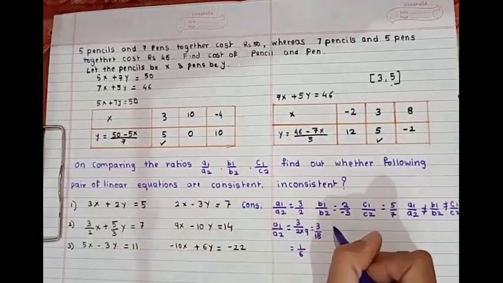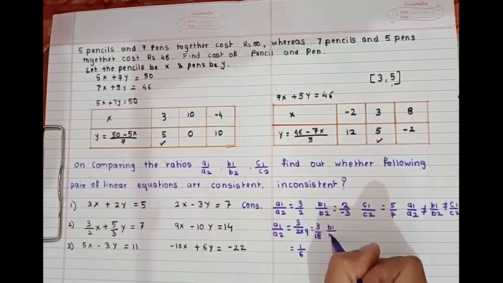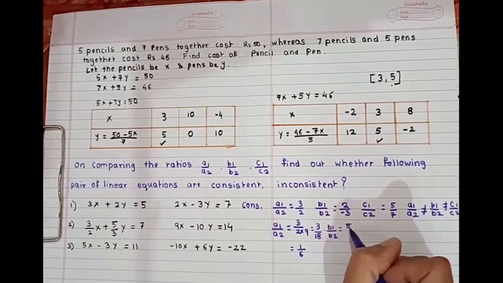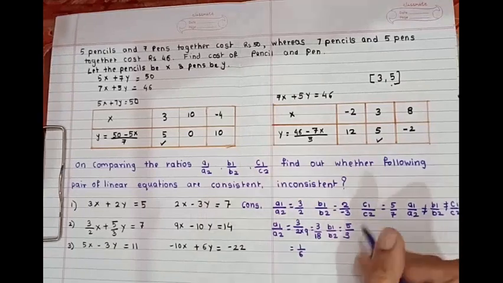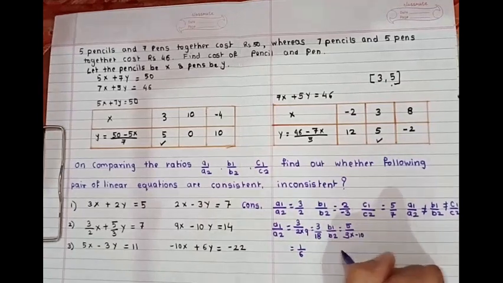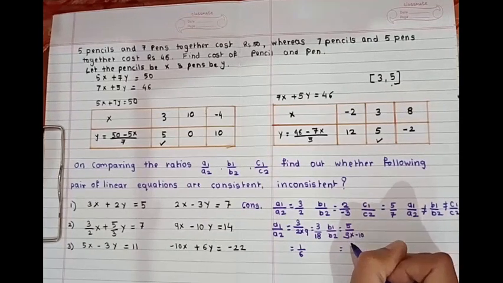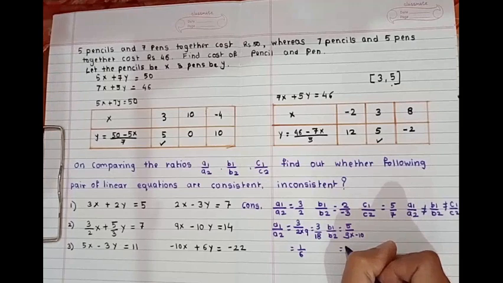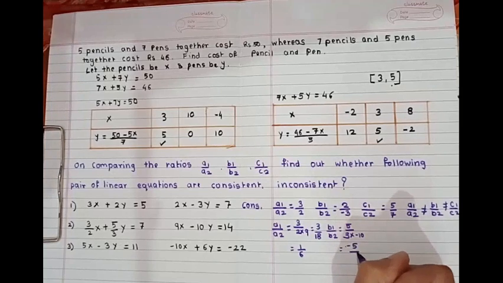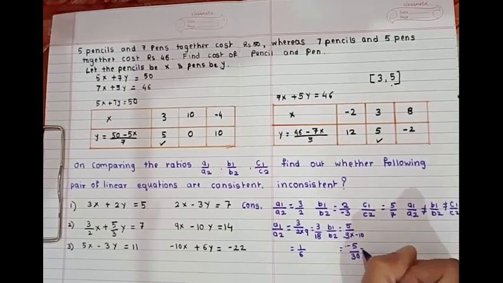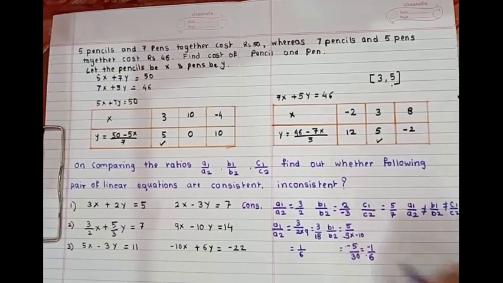Similarly, b1 upon b2: 5 upon 3 divided by minus 10. So I get here 5 upon minus 30, so minus 5 upon 30. Again that is equal to minus 1 upon 6.